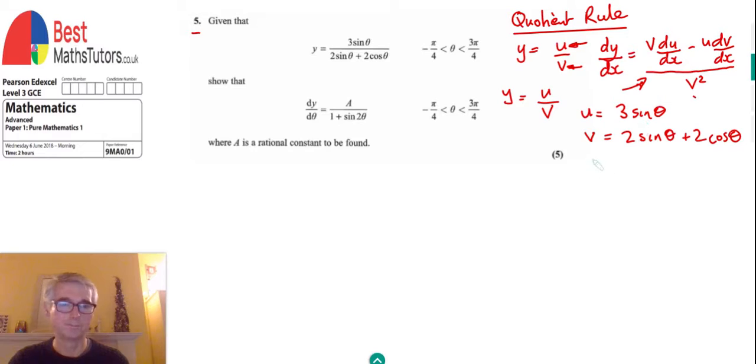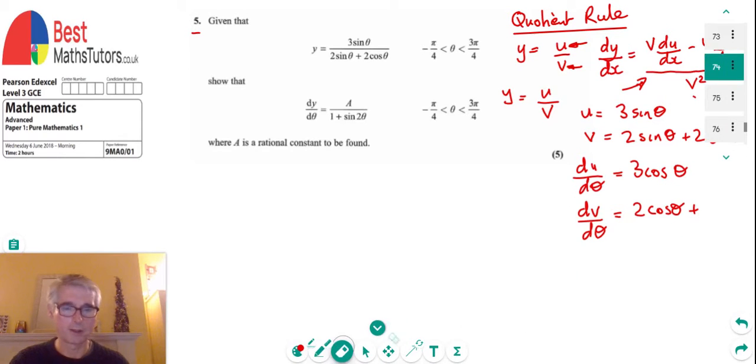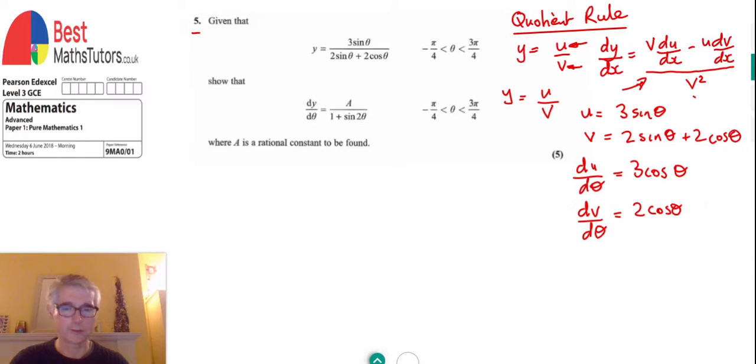If I differentiate the top one, du/d theta is going to give me 3 cos theta. If I differentiate v with respect to theta, then what I'm going to get is 2, and then the sine is going to differentiate to give cos theta, and then I'm going to get 2 minus, so I should just rub that out because that's going to be a minus there.